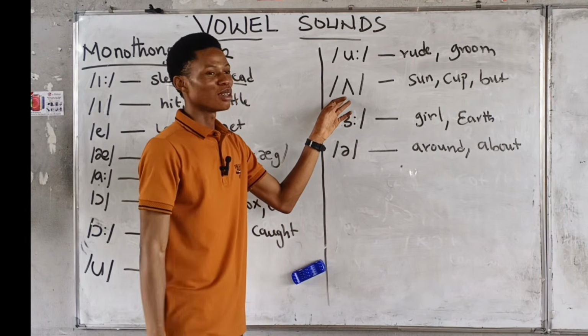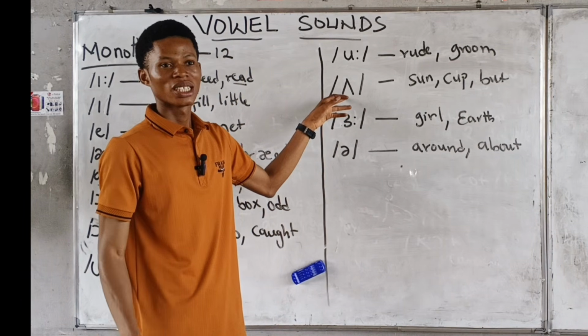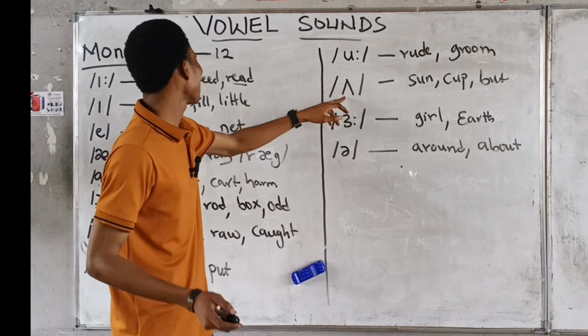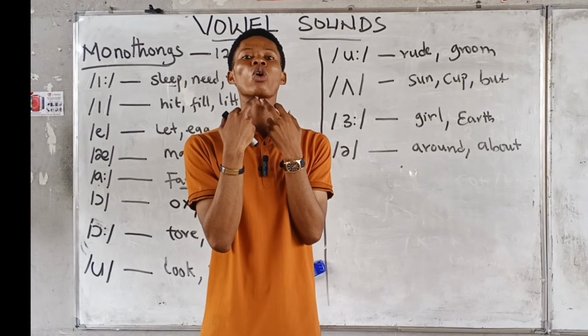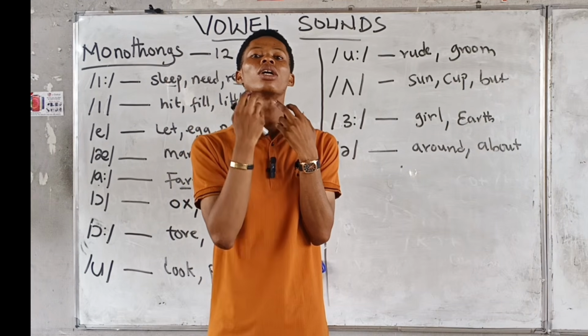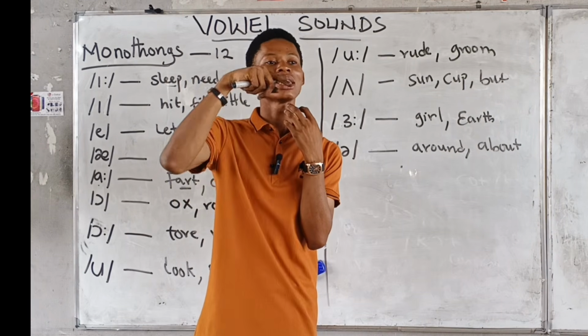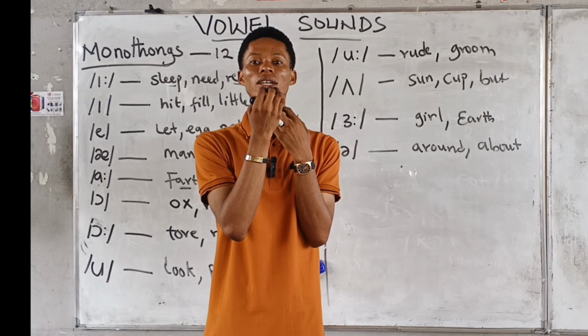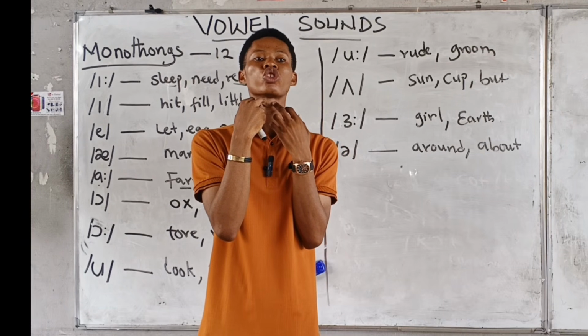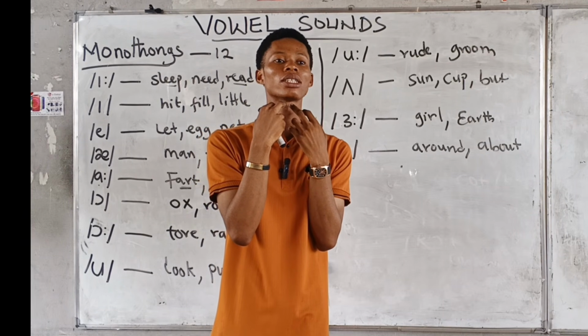No problem. Pronounce this one. This one sounds like your short R, but here it's as if the back of your tongue is rolling and hanging, like you chop frog. See?